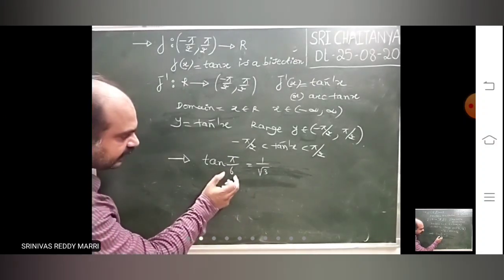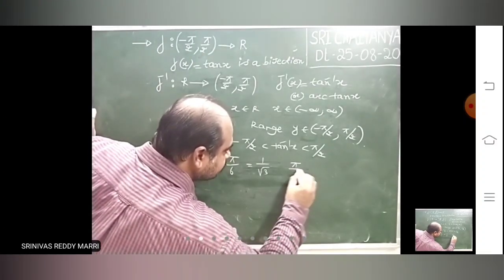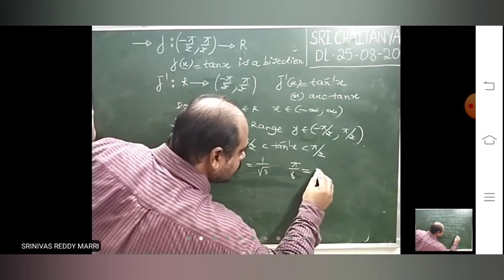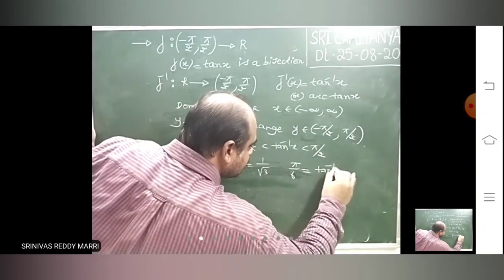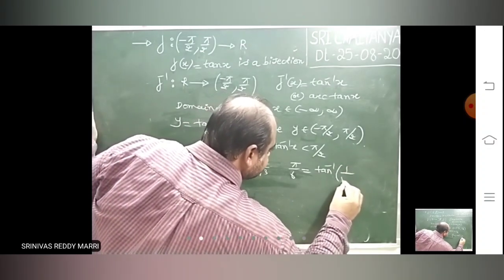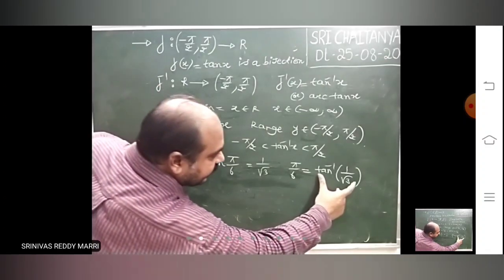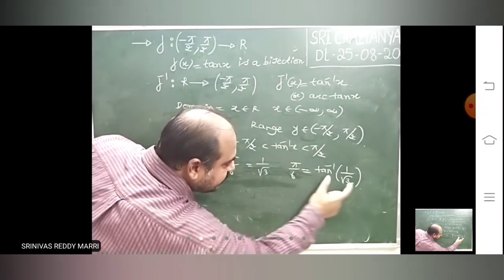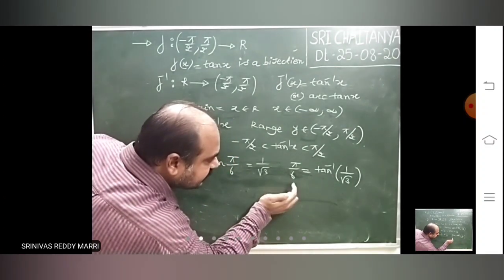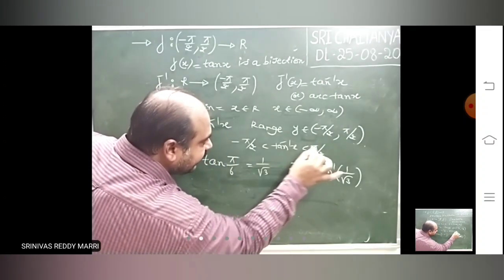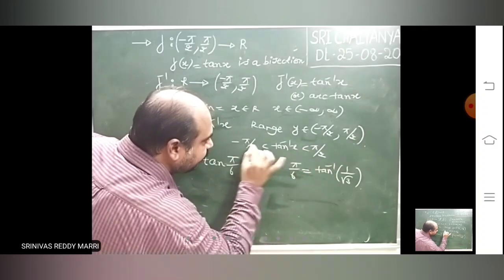Now you can write pi by 6 equals tan inverse 1 by root 3. Tan inverse 1 by root 3 means the value is pi by 6. You have to ensure that it lies between minus pi by 2 to pi by 2.